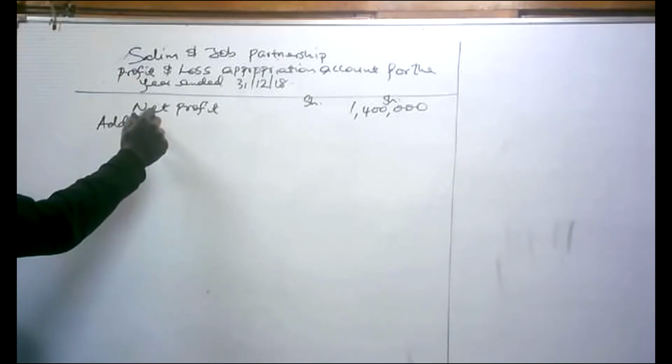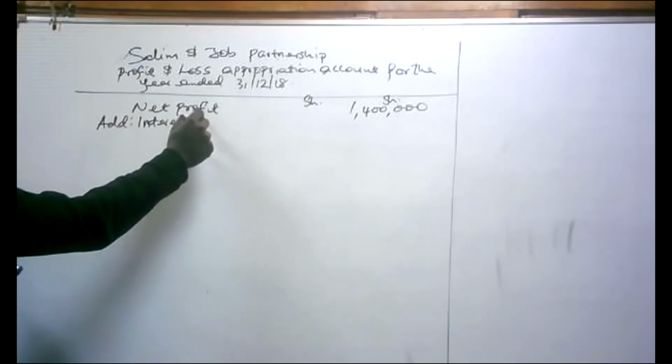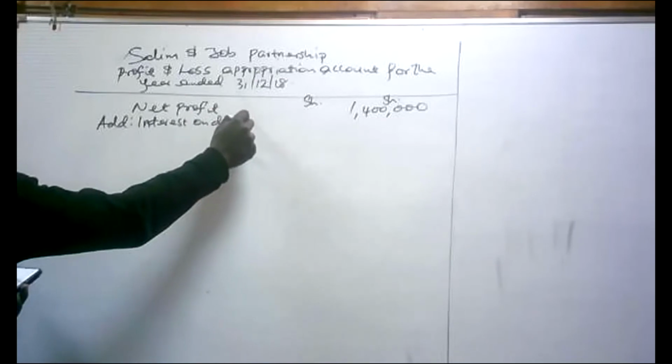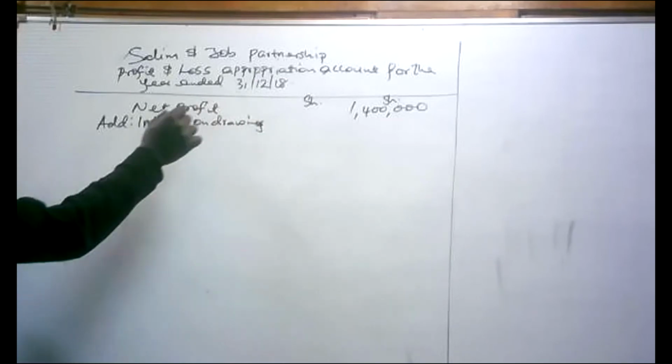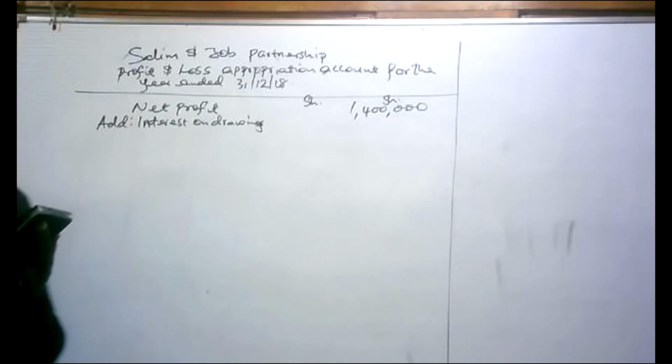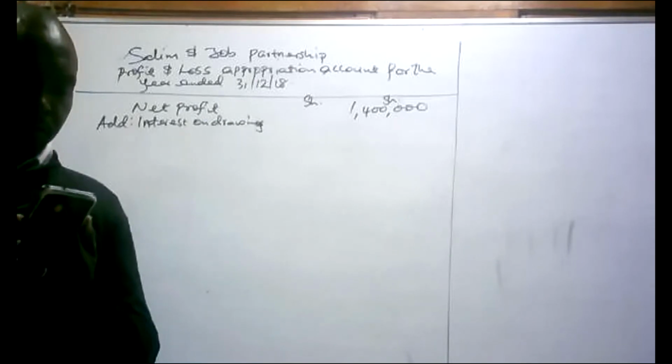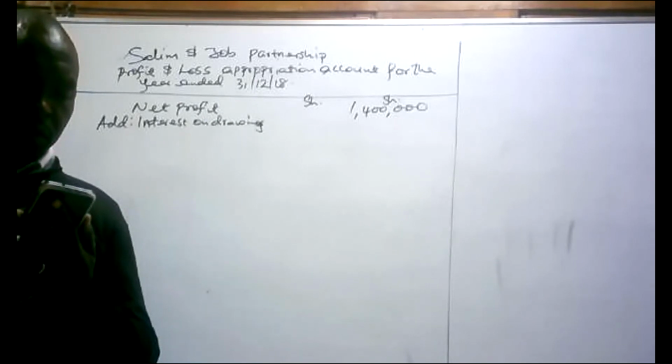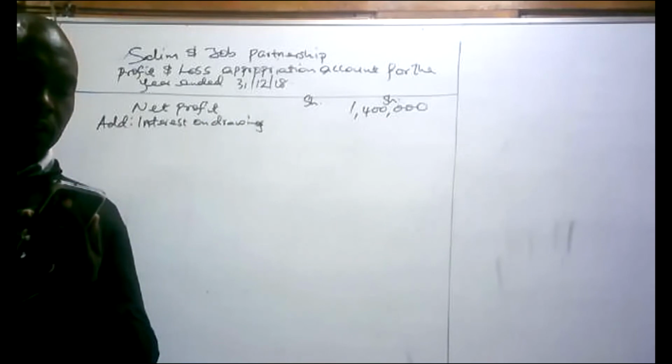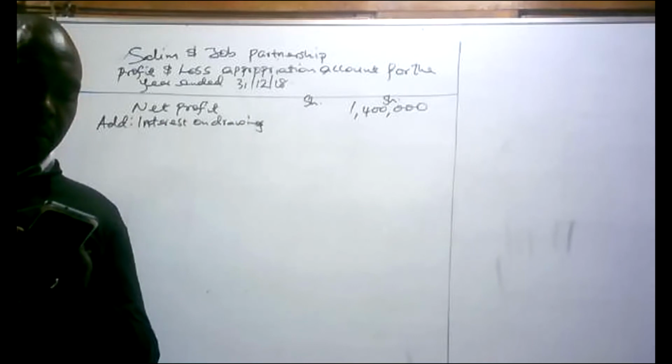To this, we normally add interest on drawings. Roman 4: the partners agreed to charge interest on drawings at the rate of 8% per annum and pay interest on capital at the rate of 10%.